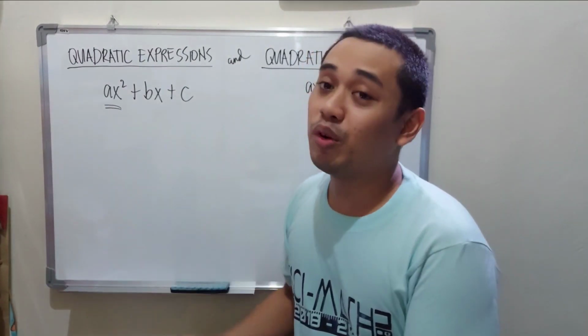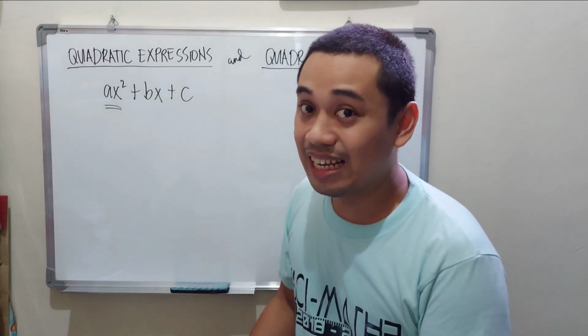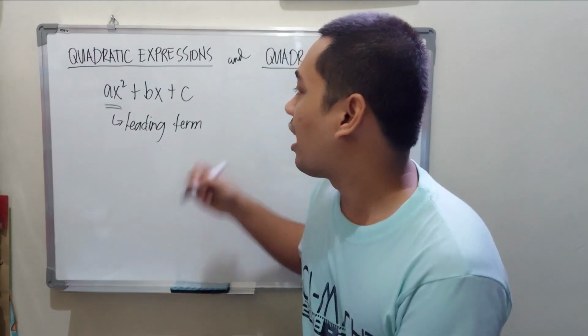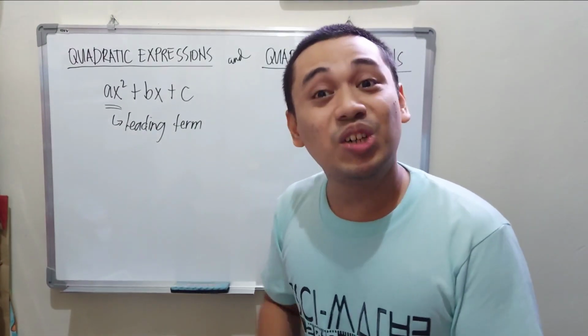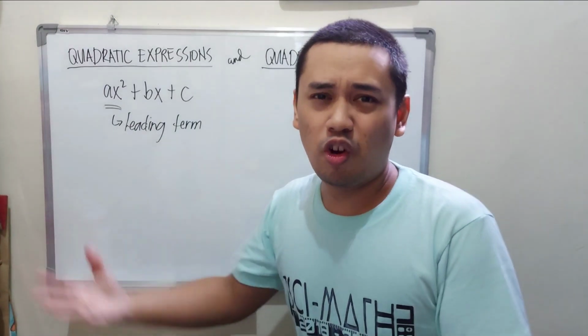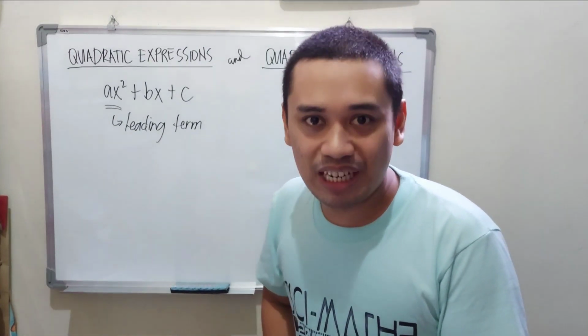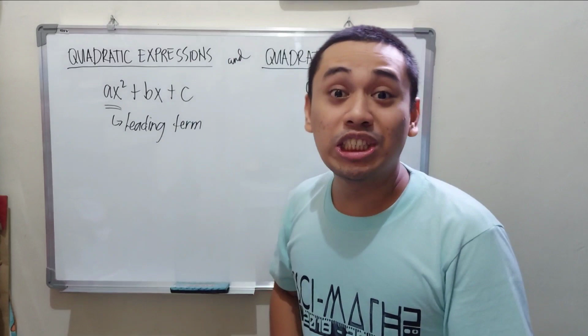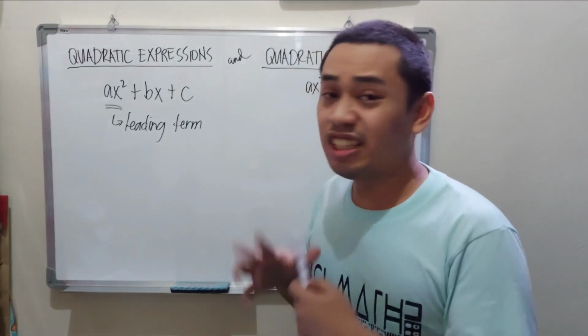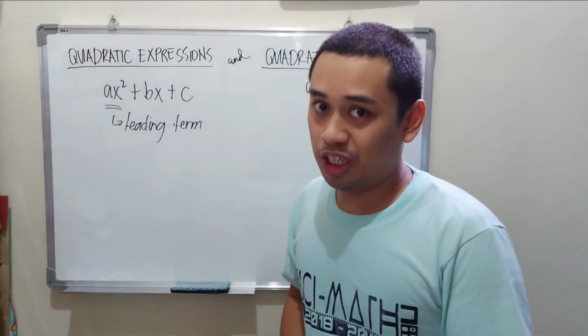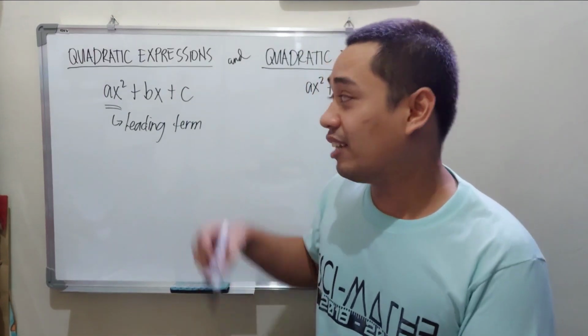Reviewing the parts of an algebraic expression, we must be able to recall that ax squared at the beginning of our expression is what we call the leading term. Leading term, usually, nasa unahan siya ng expression or ng equation, and it carries the highest degree of all the terms doon sa given na expression. In our case, a quadratic expression is an expression in the second degree.